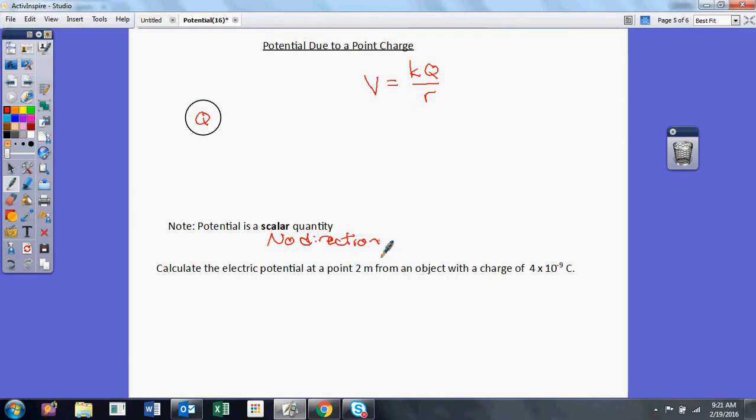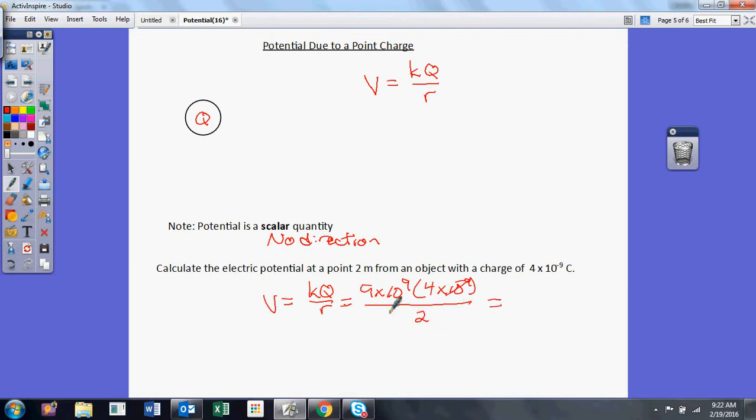So let's wrap it up here by calculating the electric potential 2 meters away from an object with a charge of 4 times 10 to the negative 9th coulombs. So our potential here is K Q over R. So we've got 9 times 10 to the 9th power times 4 times 10 to the negative 9th, all that over 2.